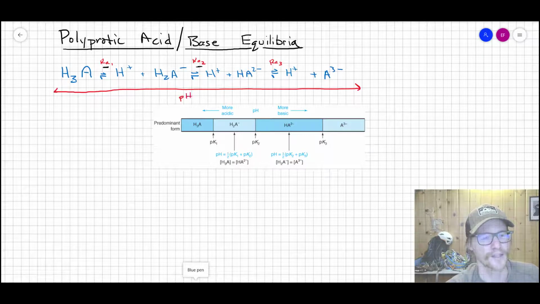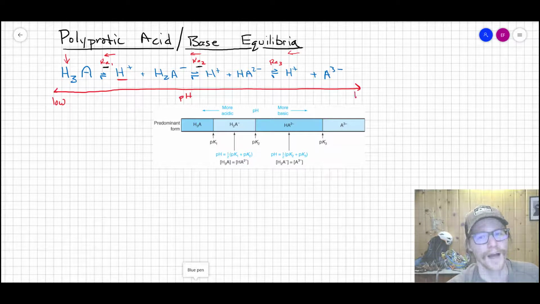And when pH is really low, what we have more dominantly, right? If pH is low, then that means we have most of the system in H3A form because we have lots of H+, which is driving the equilibrium to the left for all of these things.